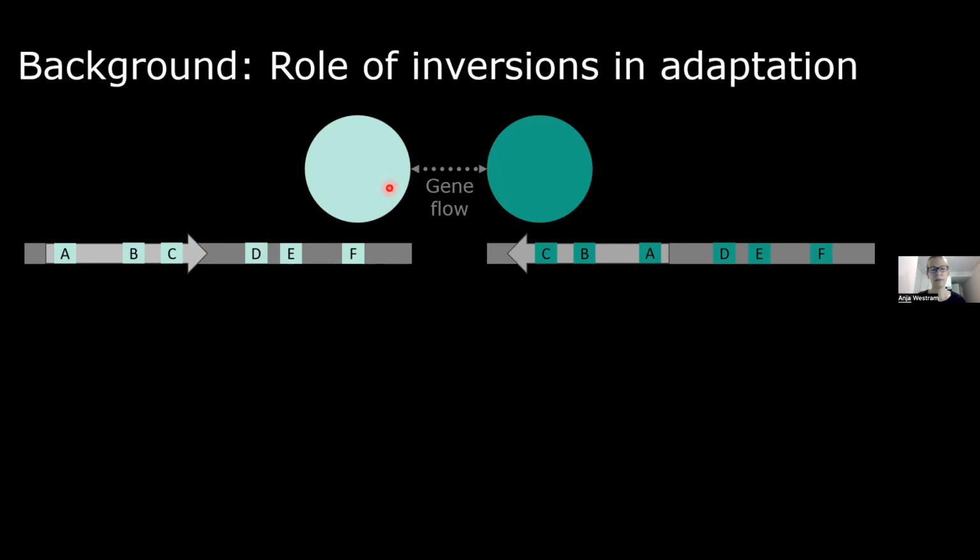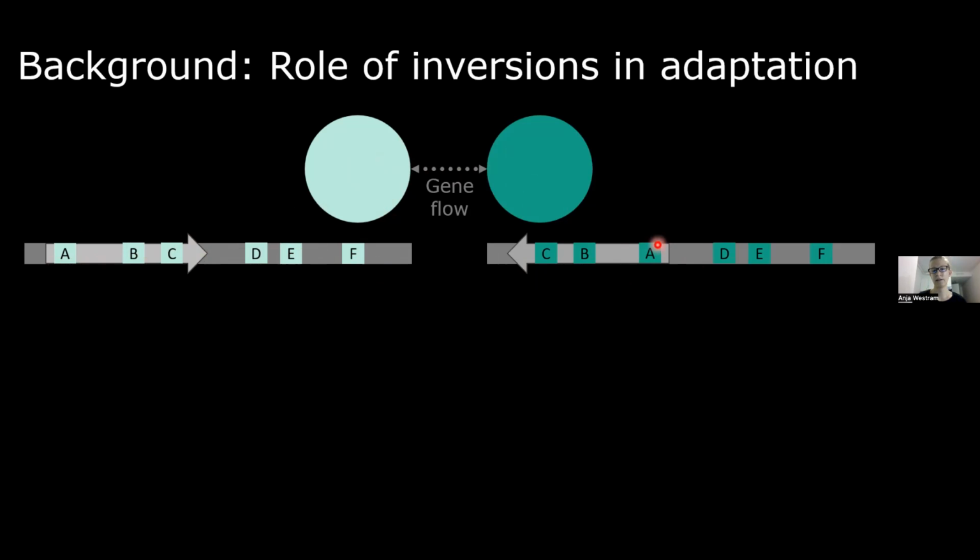And then importantly, within these chromosomes, we have different loci which have locally adapted alleles. So we have the light green alleles in the light green environment, the dark green alleles in the dark green environment, because we have local adaptation at all these loci.